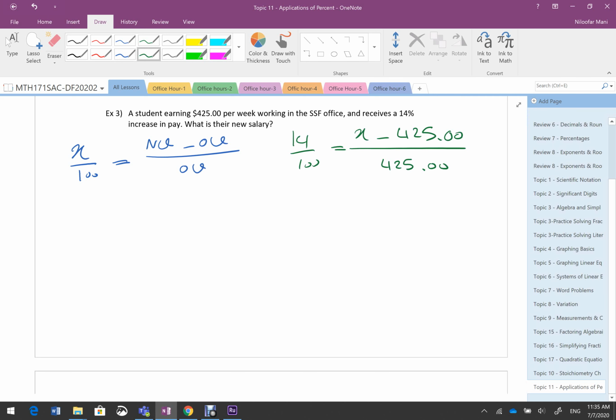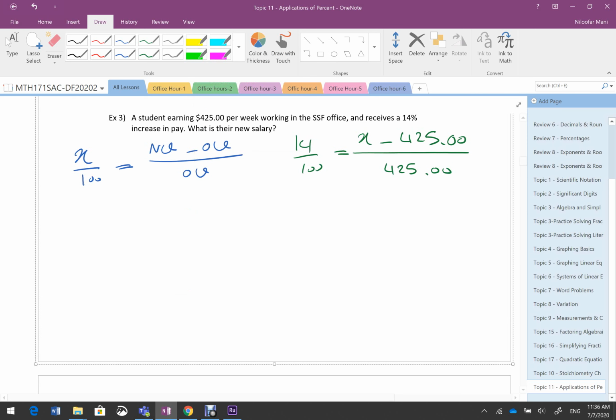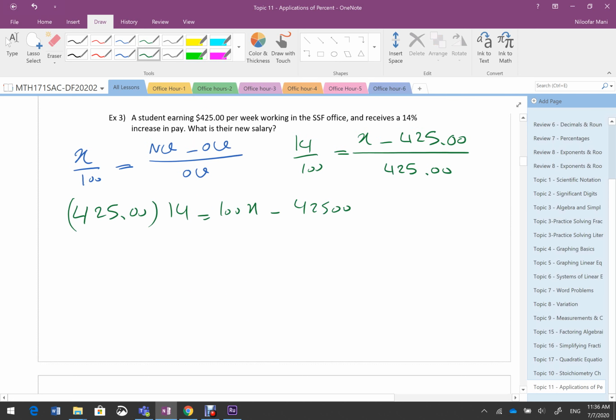You can even make a formula. So I multiply 425 by 14, giving 100x minus 42500.